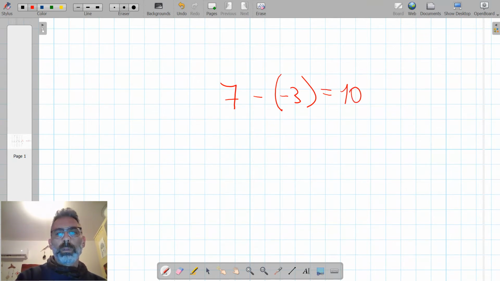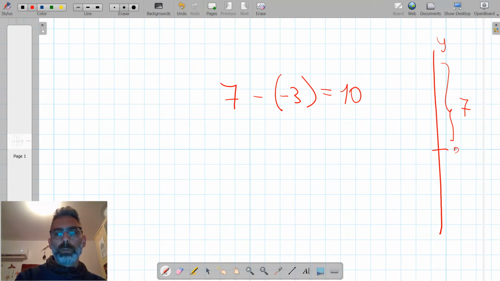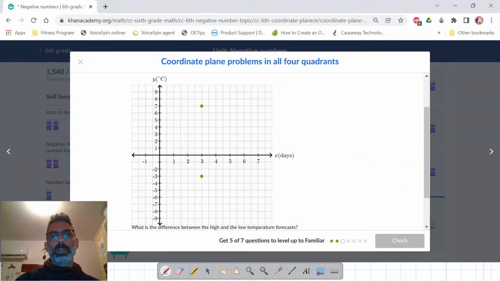Because we have a distance of 7 on the y-axis from the point to the 0, and from the 0 to the negative 3 we have another 3, so 7 plus 3 is 10.